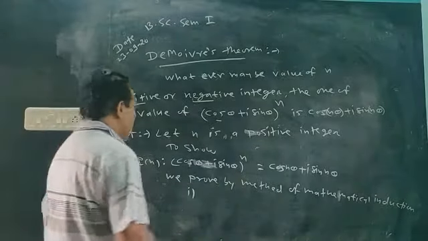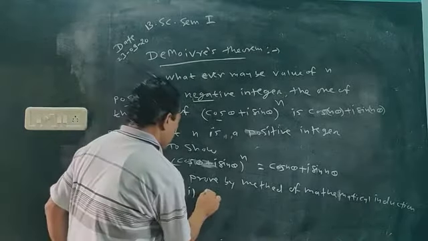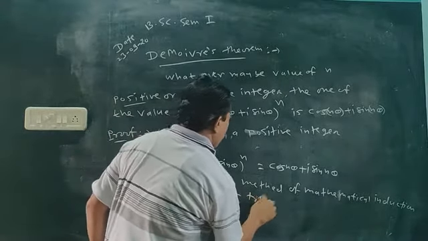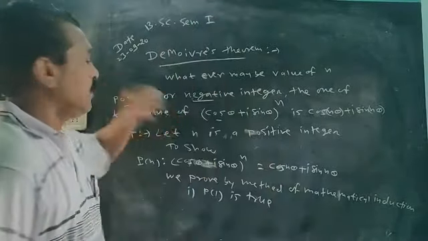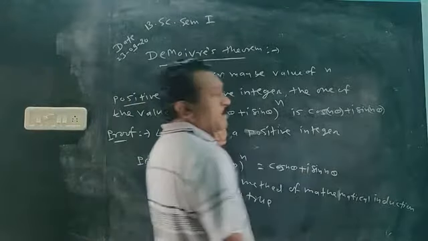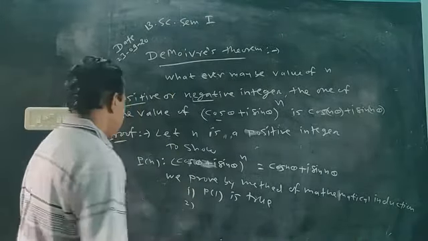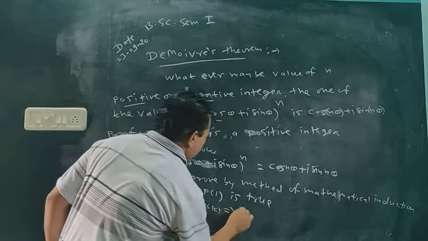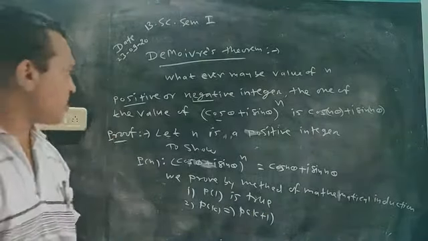First, n equals 1: this statement must be true for n equal to 1, so P1 must be true. Second point to verify: Pk implies Pk plus 1. k is a general number.